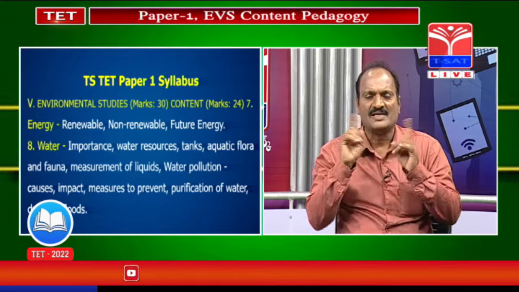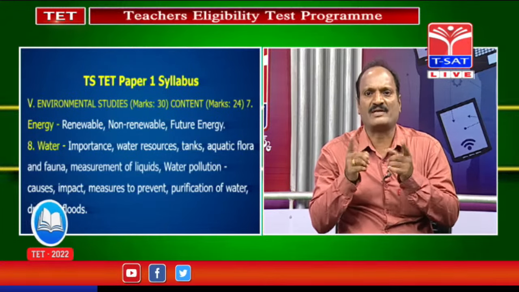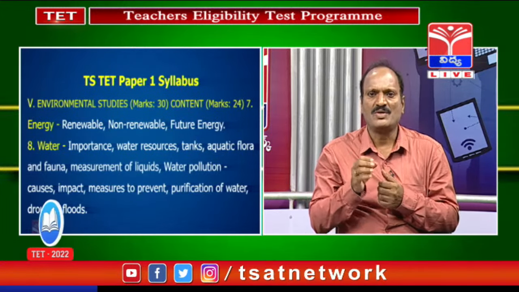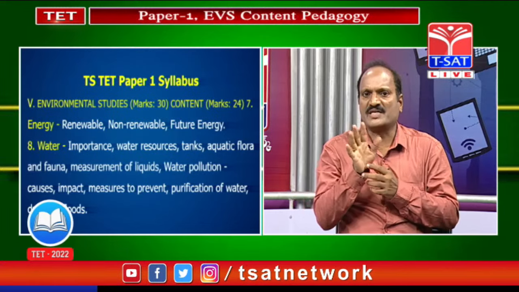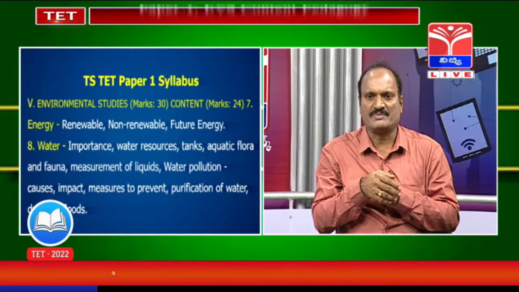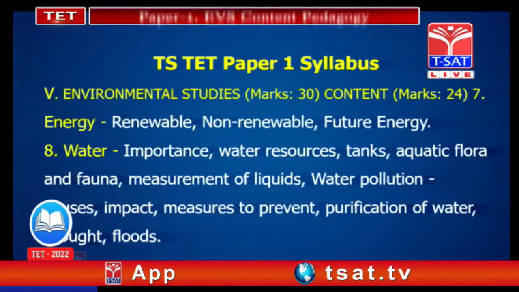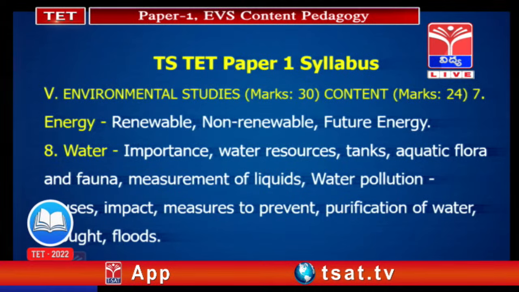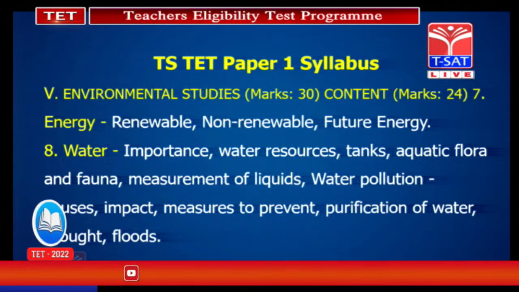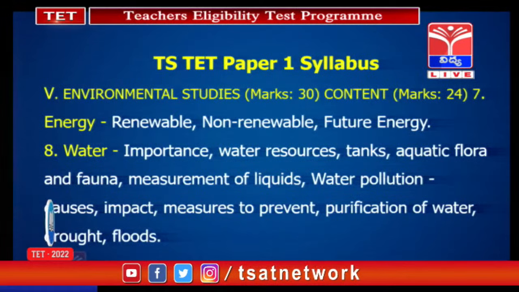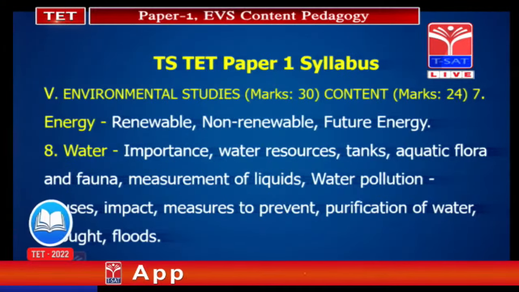They are observing them here and there in their environment, in their surroundings. So, what are the measures to prevent water pollution, and what type of purification of water. Just now sir stated about the purification of water and how to decrease or prevent drought and floods. All these must be focused on in this chapter or in this content area.